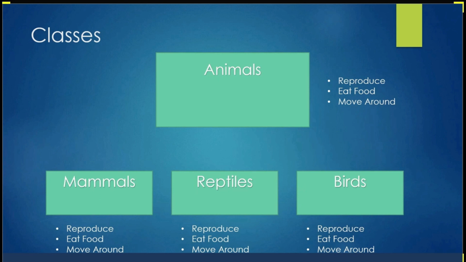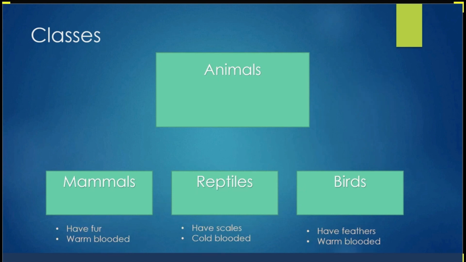So now let's move further and look into each individual type of animal, mammals, reptiles, and birds, for example. While they do inherit some characteristics from the base parent class of animal, they also may have their own unique characteristics. For example, mammals have fur and they are warm blooded.